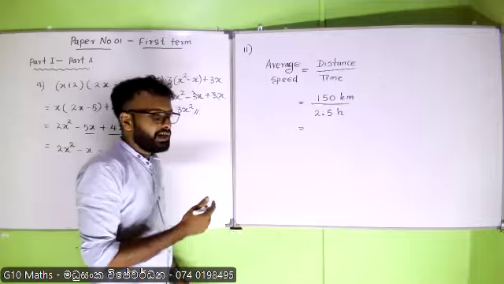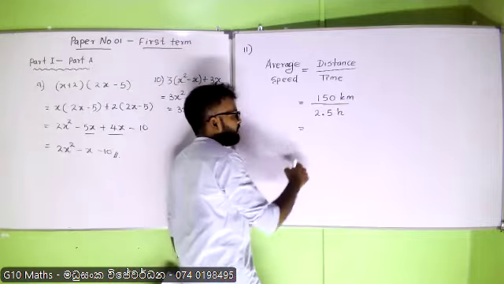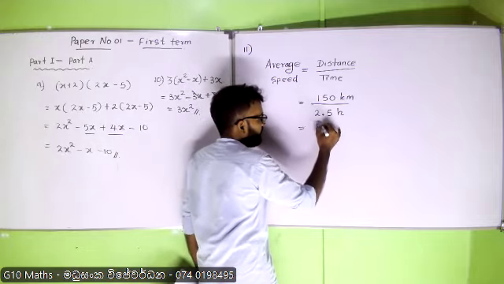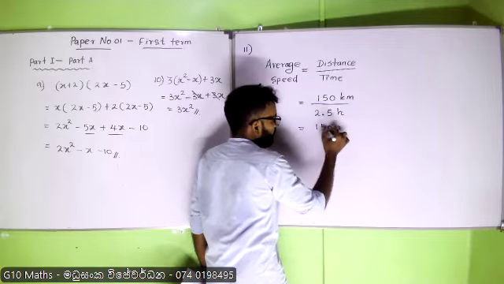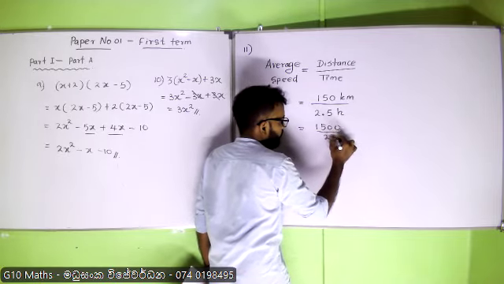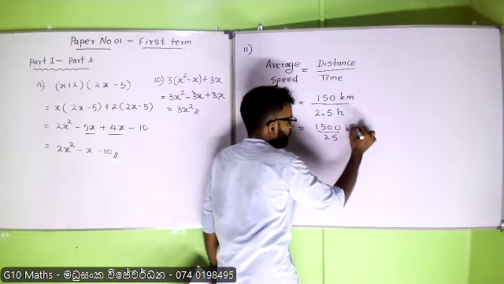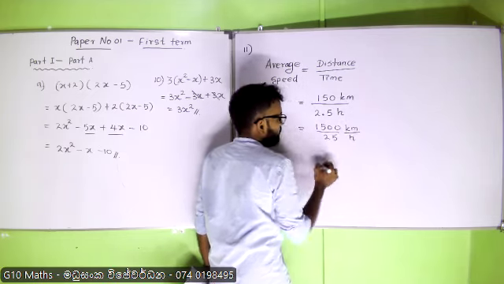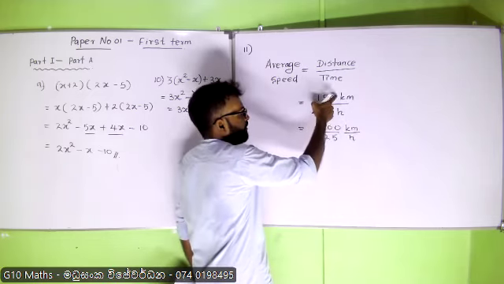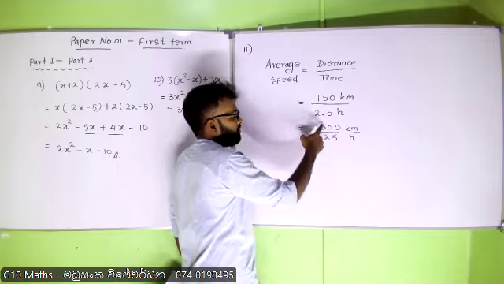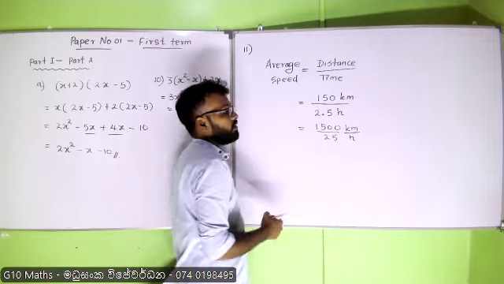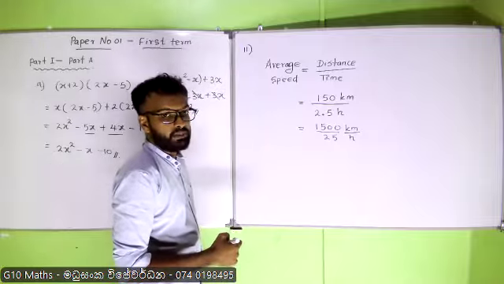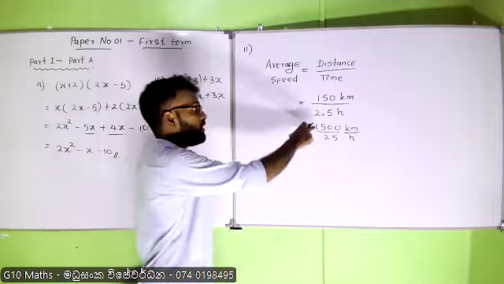Just divide this. I will take 1500 divided by 25. I have multiplied both numerator and denominator by 10 so that I can remove the decimal point.